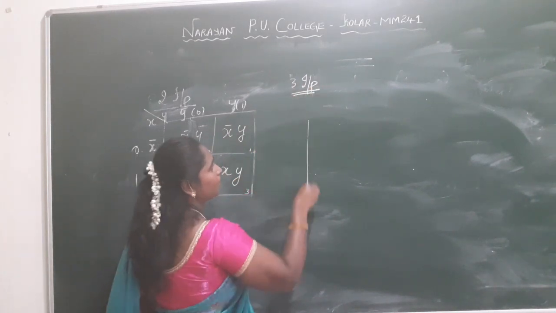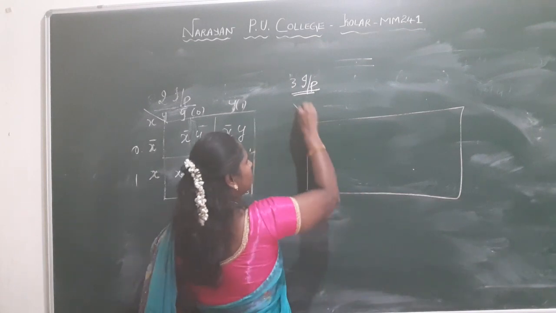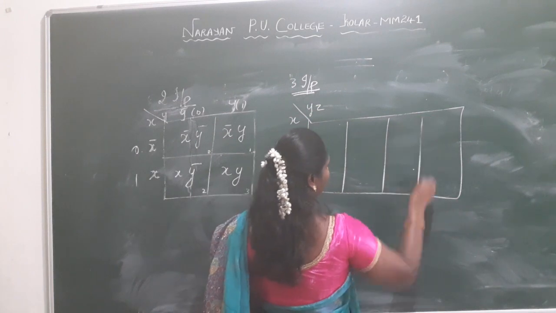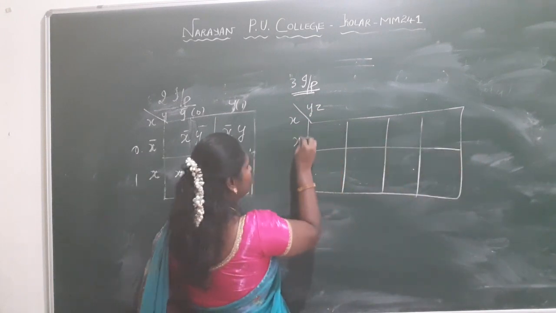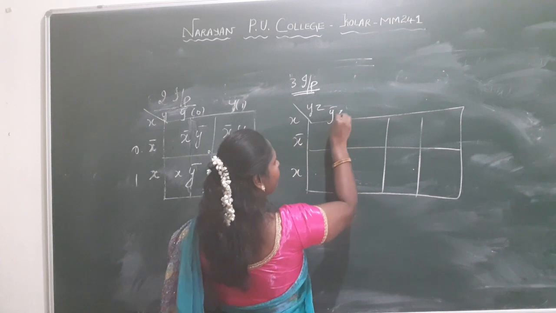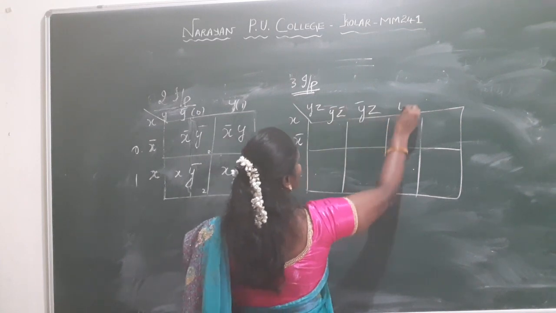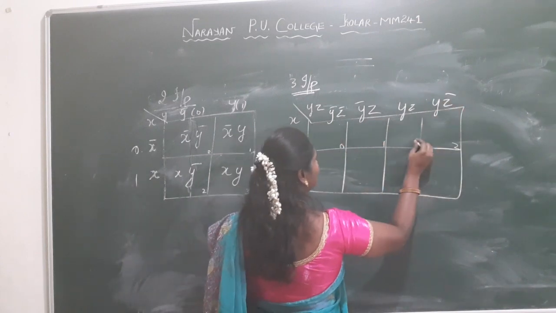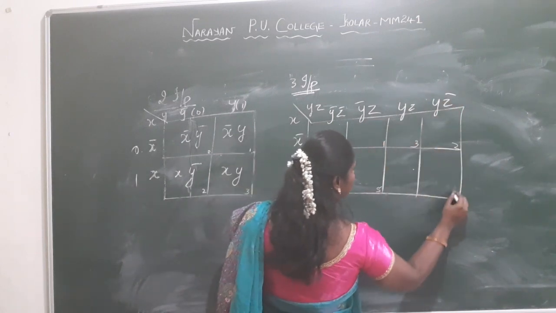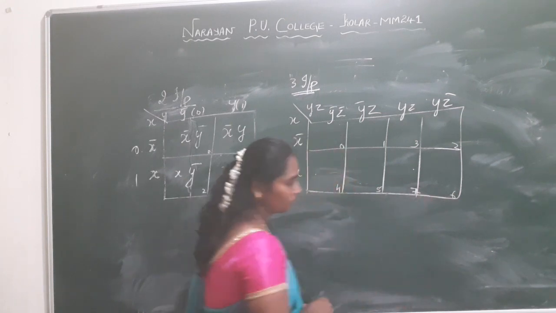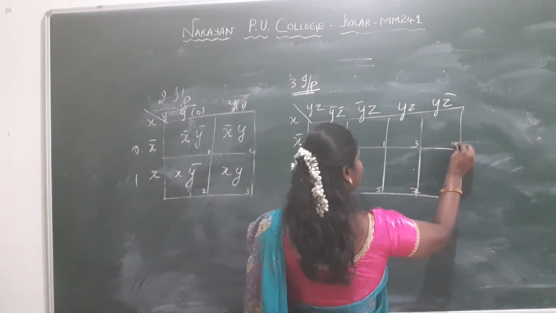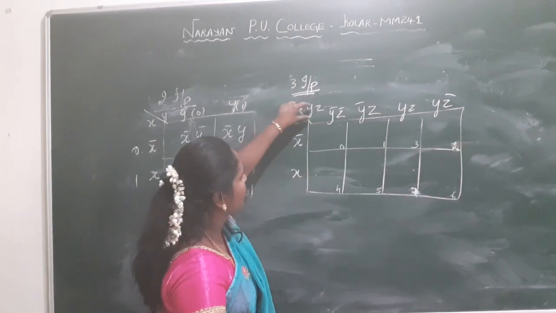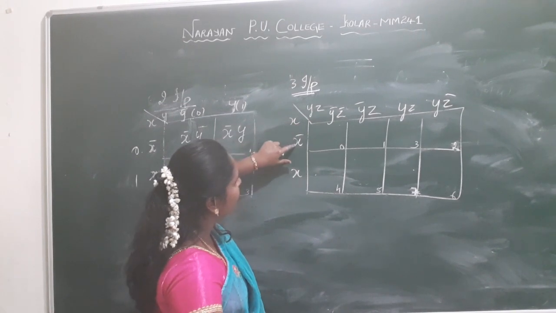For 3 inputs, x, y, z. The possible ways of representing x are x bar and x.